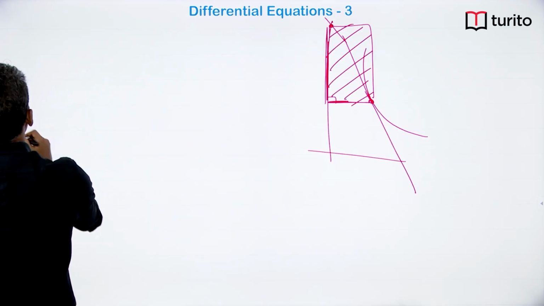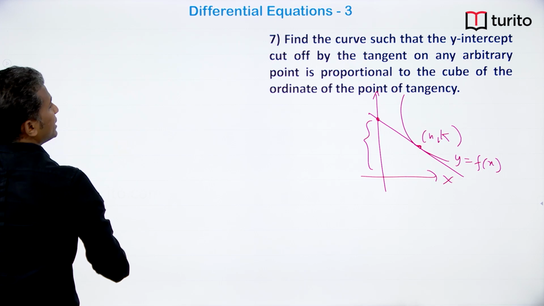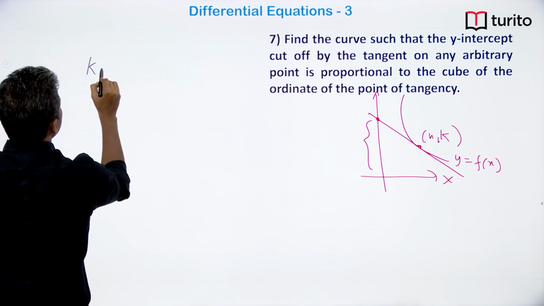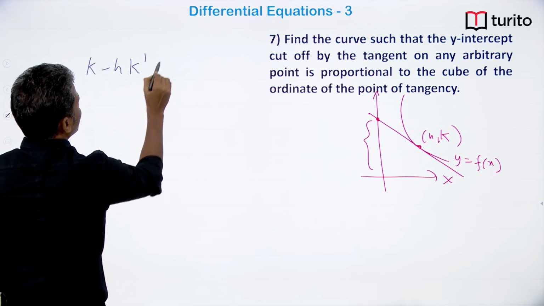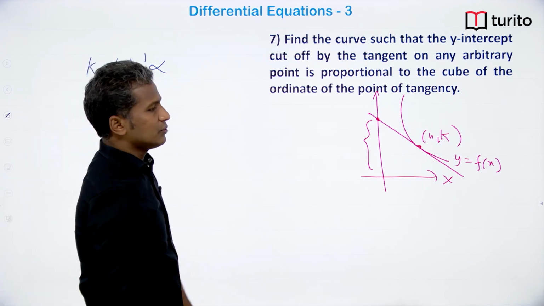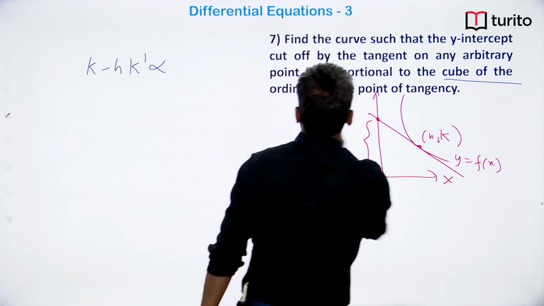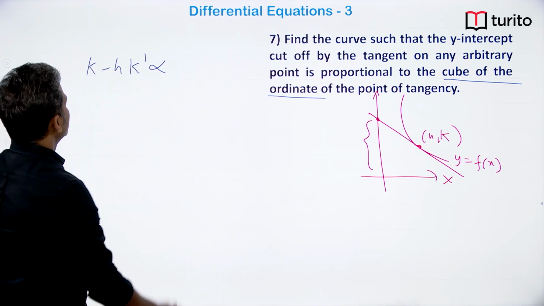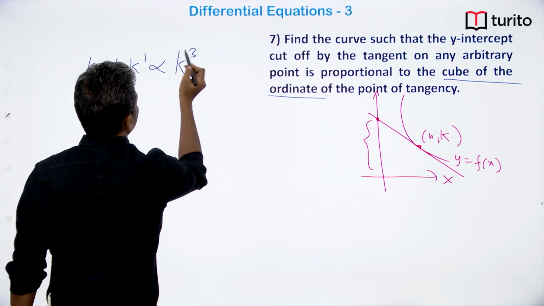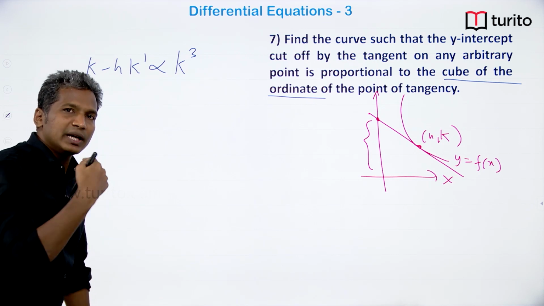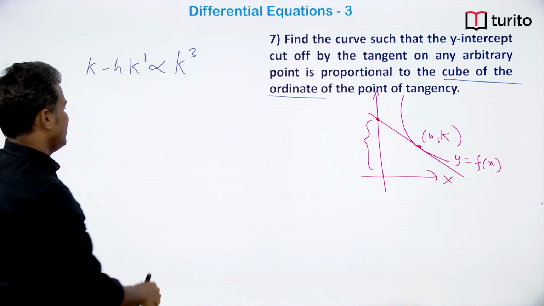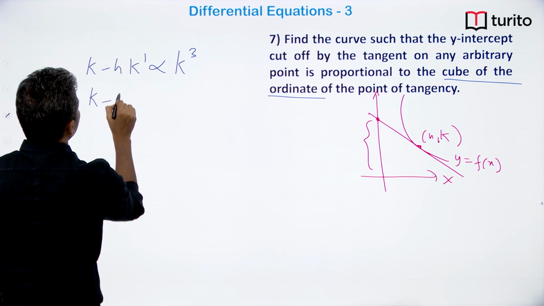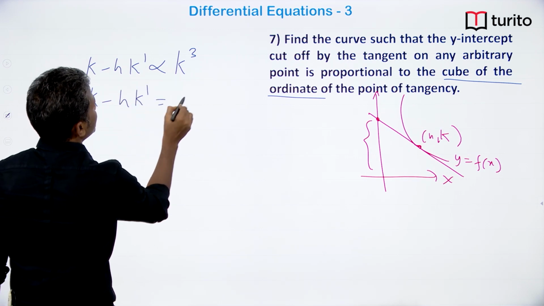So what is given here? It is given that the y-intercept, which is k minus h k dash, must be proportional to the cube of the ordinate. What is the ordinate of the point? It is k. So the cube of the ordinate must be k cube. Now if we get rid of the proportionality, we have to introduce one proportionality constant.